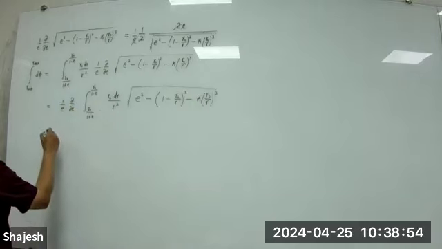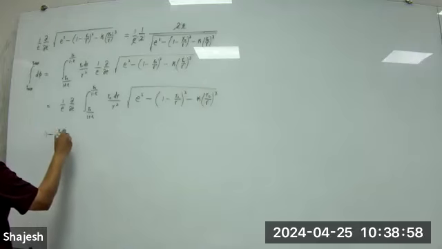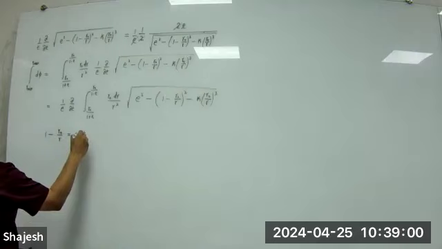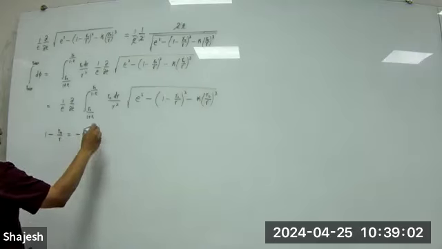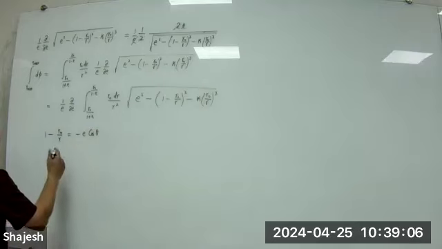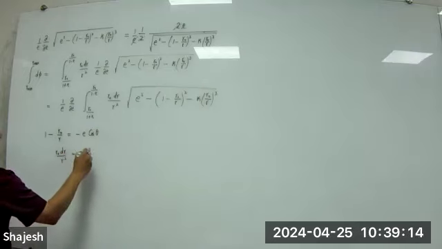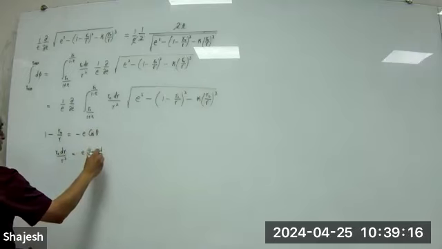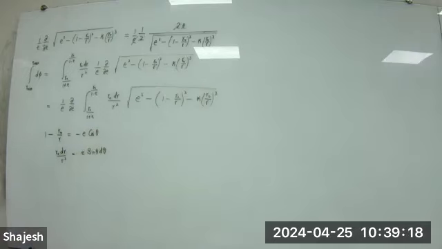So we make the substitution 1 minus R naught over R is equal to minus E cosine theta. That's what we did last time also. This time also, we will do the same thing. Substitution: R naught over R squared is equal to E sine theta d theta.